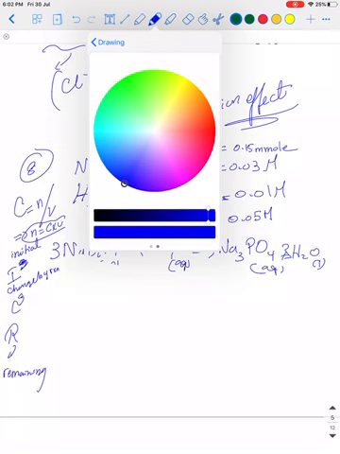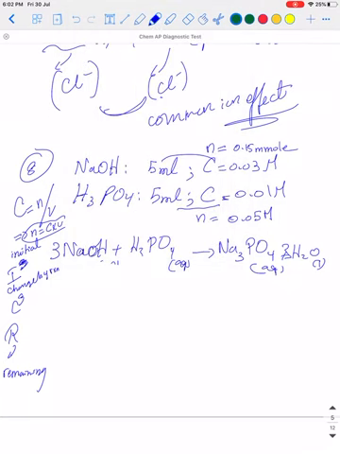I'm not talking about the stoichiometry, I'm talking about the initial quantity that I am adding. So the initial for sodium hydroxide is 0.15 millimole, and here 0.05. The quantity which is lower is the one which is limiting. But here I need to pay attention: the change by reaction is subject to stoichiometry. So this will be minus 0.05 times 3, and minus 0.05. So that will be 0, 0.